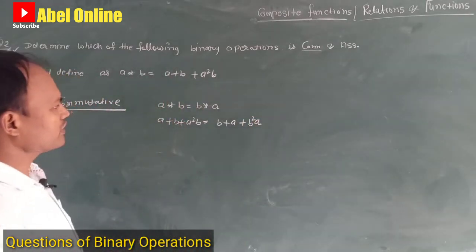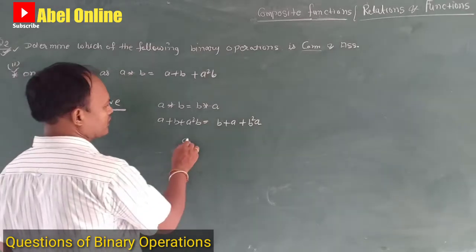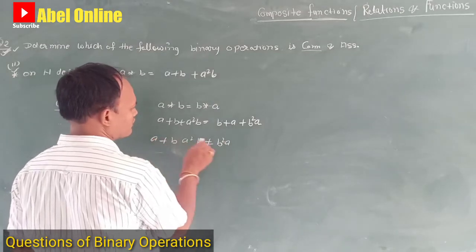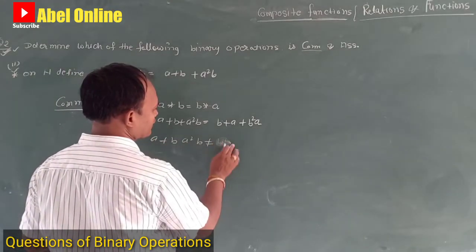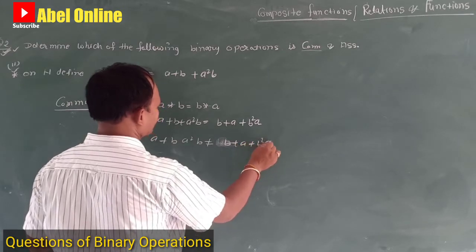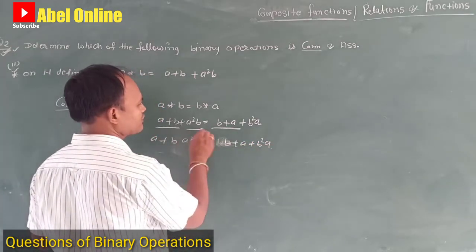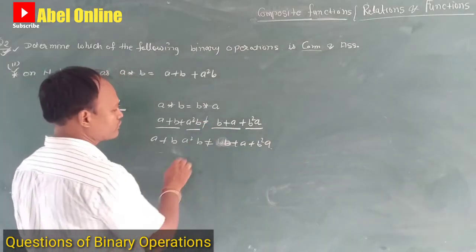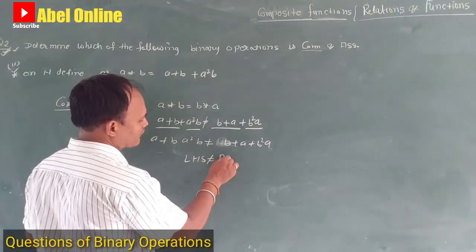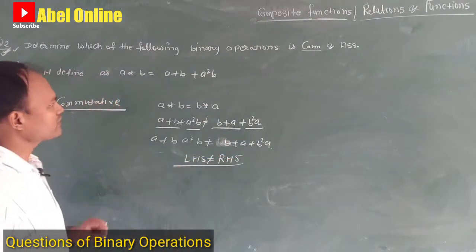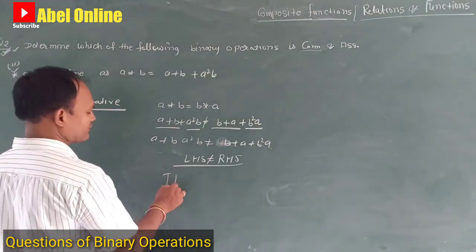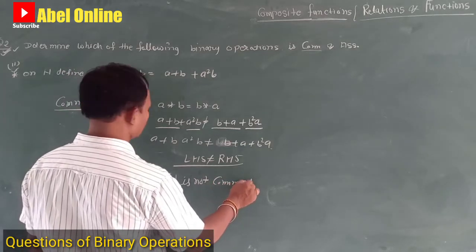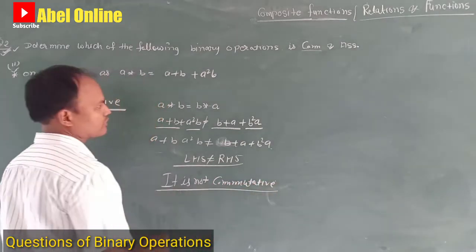Now it is totally clear that there is the ab, there is also ab, but a square b is not equal to b square a, so it is not equal to both. So we can say that LHS is not equal to RHS. If LHS is not equal to RHS, we can say that it is not commutative.